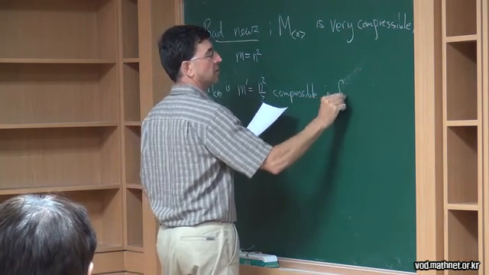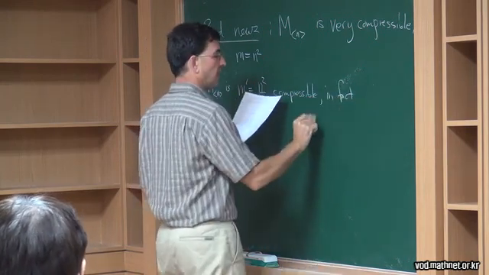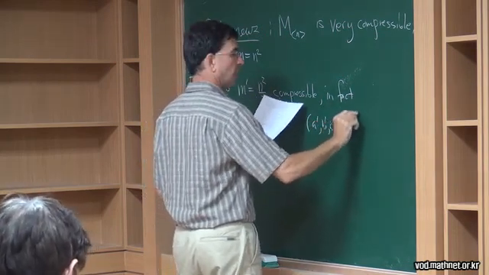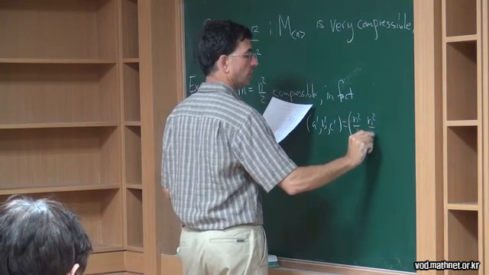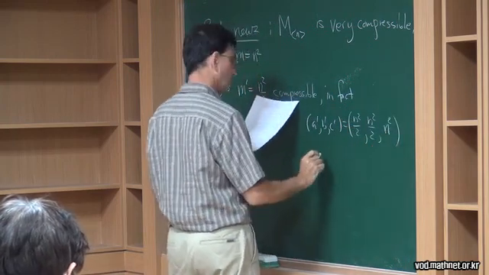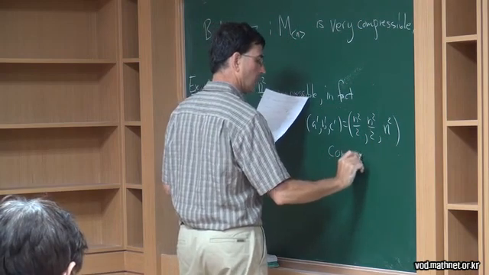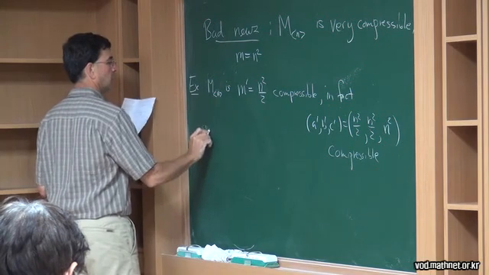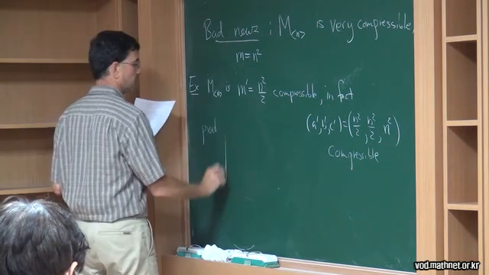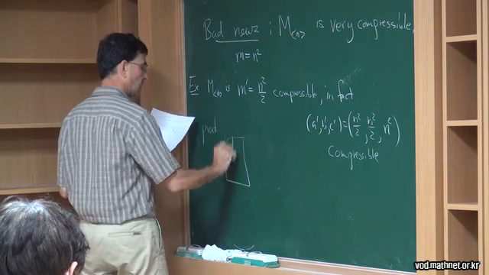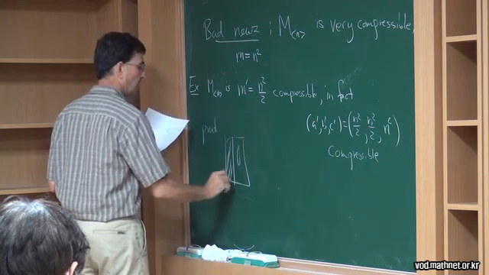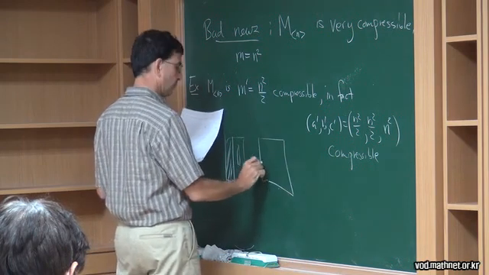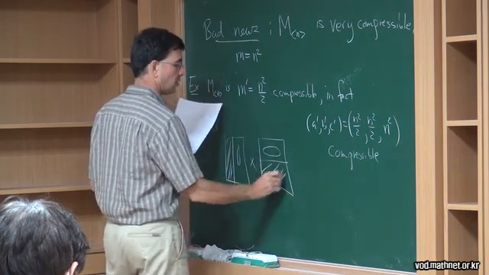In fact, A prime, B prime, C prime equal to n squared over 2, n squared over 2, n squared is compressible. And for this, I can show a proof by picture. I take a matrix, I put zeros on this half, zeros on this half. I multiply it by a matrix which has zeros here and non-zeros here.